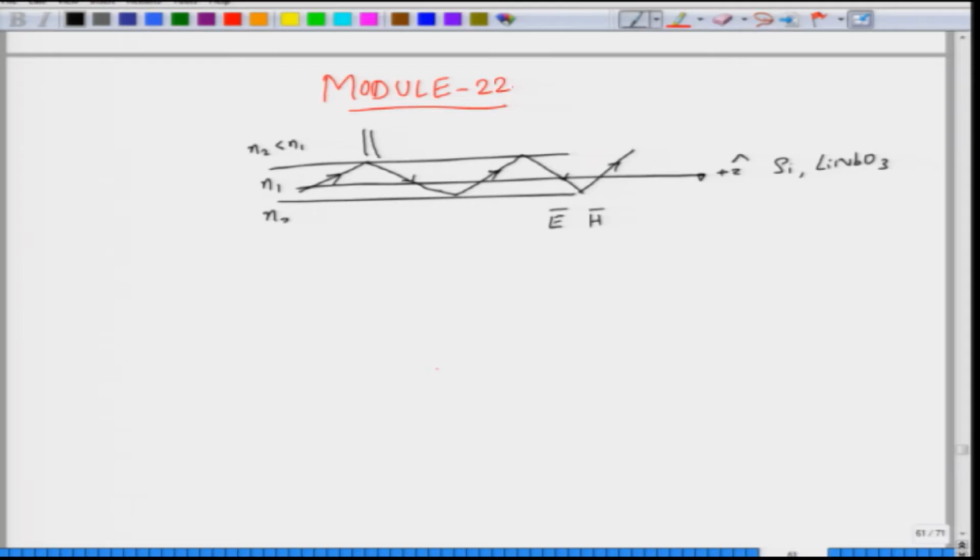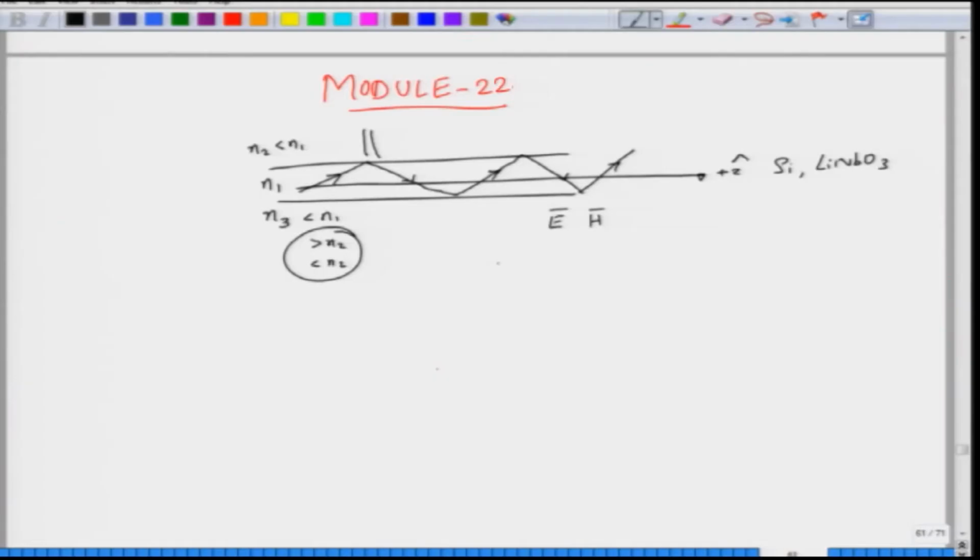What you actually see is another material with a refractive index N3, which again is less than N1, but N3 can be greater than N2 or it can be less than N2. Depending on this, the mode structures will vary slightly, but this will introduce an additional layer of complication to our understanding of simple waveguides.